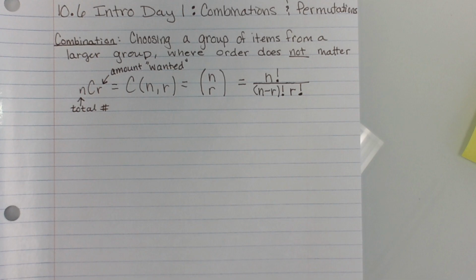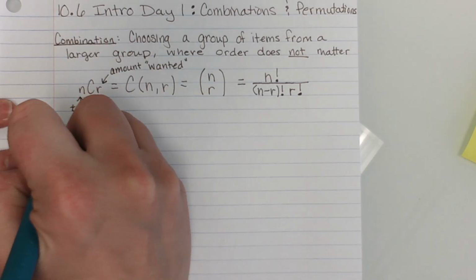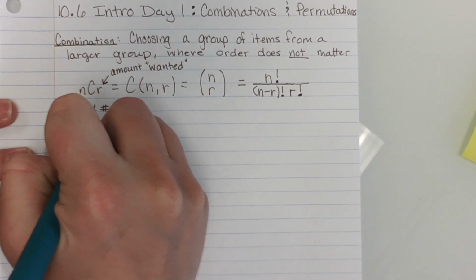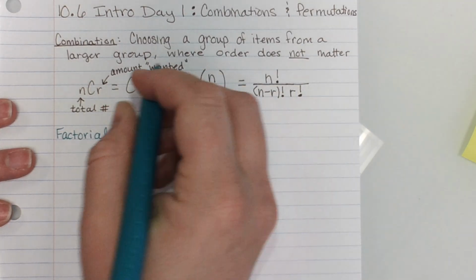Do y'all remember what a factorial is? So before we get to permutations, let's talk factorial. Now the factorial is that exclamation point in a math equation.